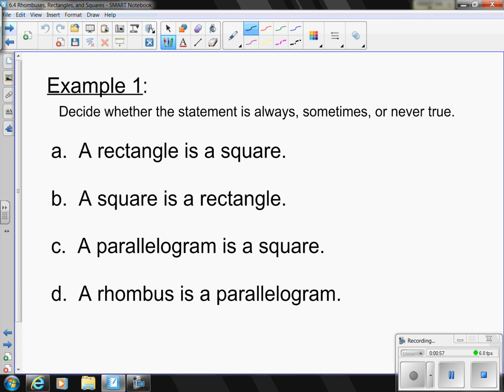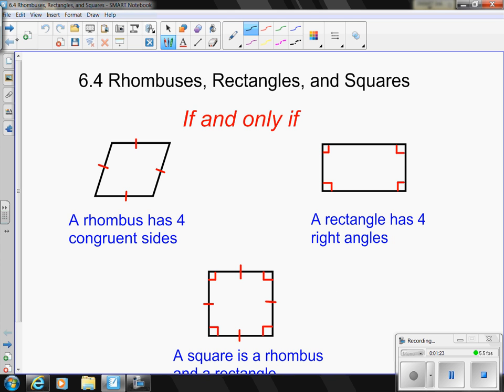One thing that people get confused on is, in order for something to be a square, it just needs four right angles and four congruent sides. For it to be a rectangle, it just needs four right angles. So every square is a rectangle, by the definition back a page.